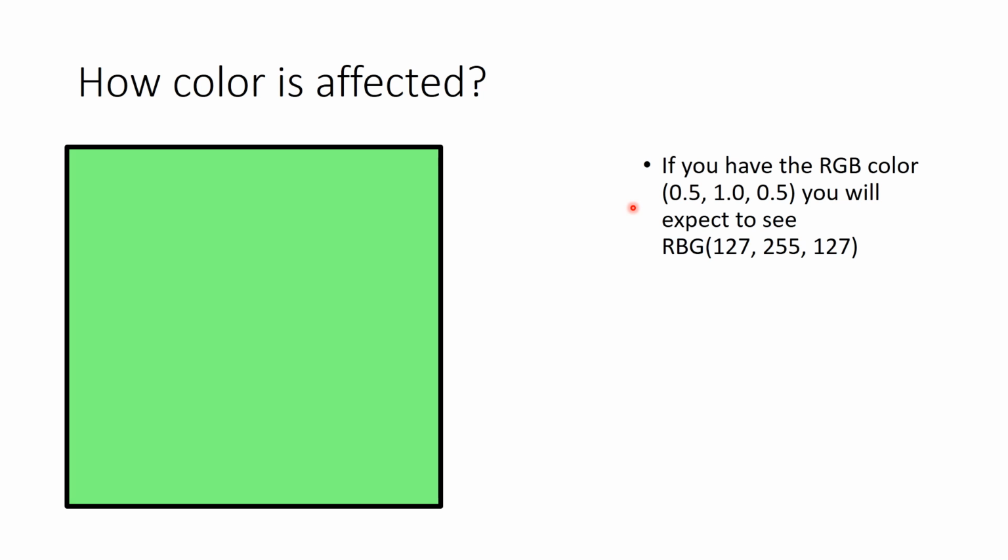As you know, the RGB values, floating point values that go from 0 to 1 are mapped to integer values from 0 to 255. So if you have the RGB color 0.5, 1, and 0.5, you will expect to see this RGB color in the screen because 127 is the 50% of intensity than 1, that is 255.